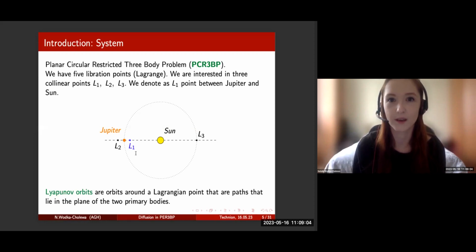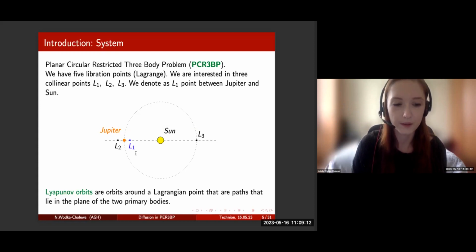You know the three-body problem in general is unsolvable, so we have to restrict ourselves to some things so we can calculate something, right? So we know that we have a family of these orbits, and they go in the same plane as the Jupiter and Sun, and they are going around L1.